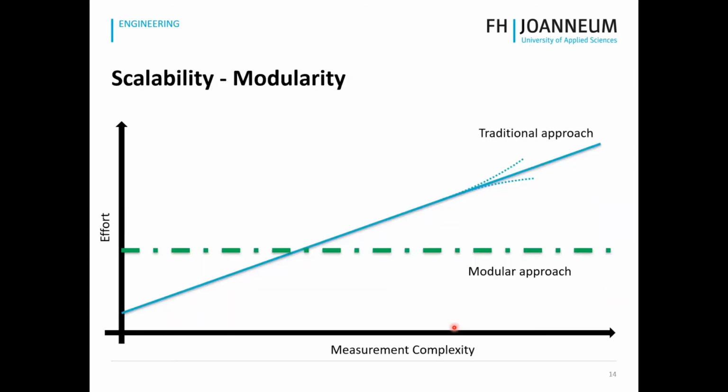So diving in, I wanted to explain a little bit why I tend to follow a modular approach and not run away with, okay, we have a scope, we have a benchtop instrument, and we know the SCPI commands, and then we just start implementing.